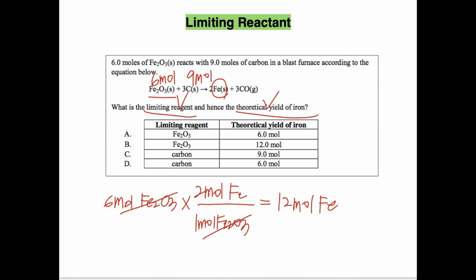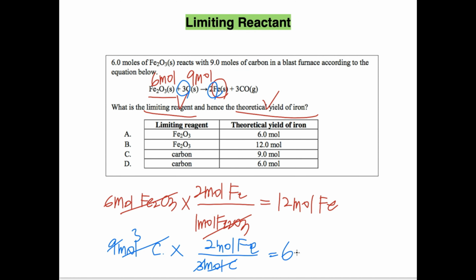How about carbon? 9 moles of carbon right here. And carbon is in a 3:2 ratio with iron. So 3 moles of carbon will produce 2 moles of Fe. Moles of carbon will disappear, and this will be 6 moles of Fe.